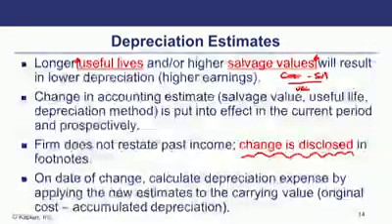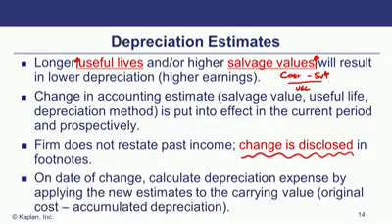A higher salvage value gives you a smaller numerator, an increased useful economic life increases the denominator, and of course, our depreciation has got to decline. So if the salvage value or useful economic life increases, the depreciation expense decreases. Now again, deemed to be accounting estimates, so there is no need to go back and restate prior years. Be careful with that, therefore.